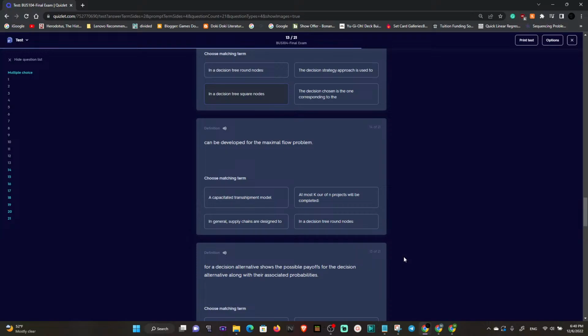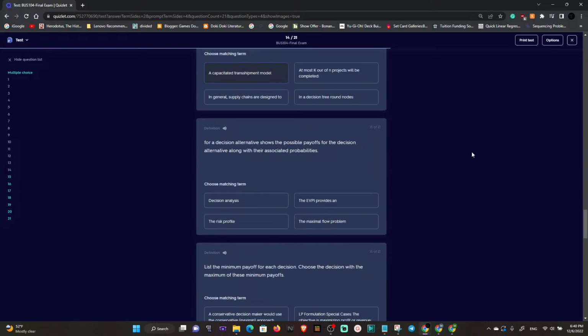A risk profile for a decision alternative shows the possible payoffs for the decision alternative along with their associated probabilities.